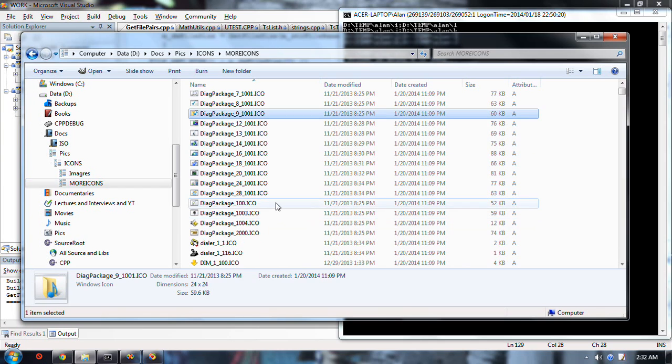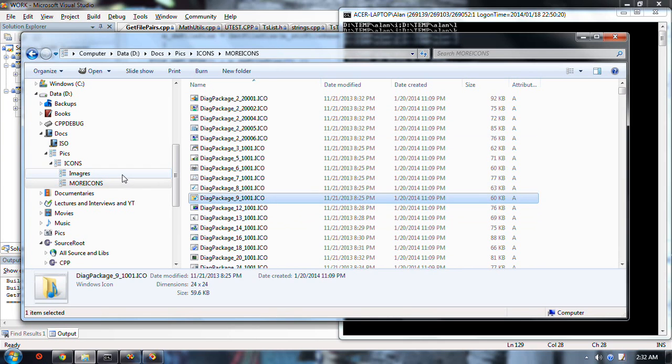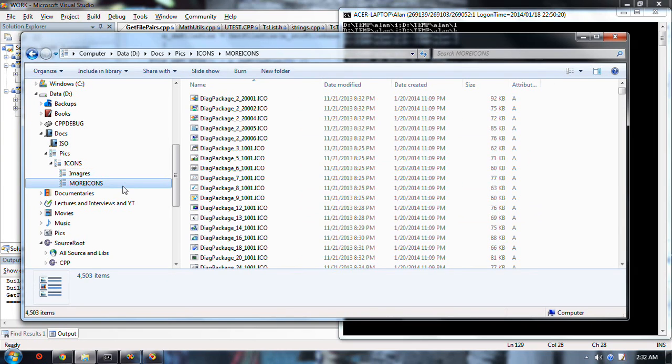Not documents in the sense of something you read, but they aren't pictures I want to look at. I don't want a separate directory just for icons. This is analogous to my documents. I think it's fair to put them here.